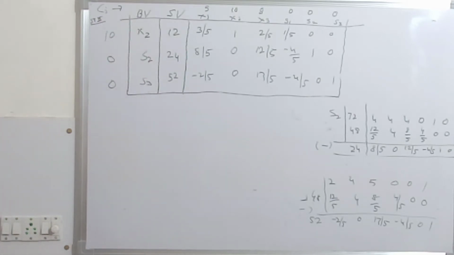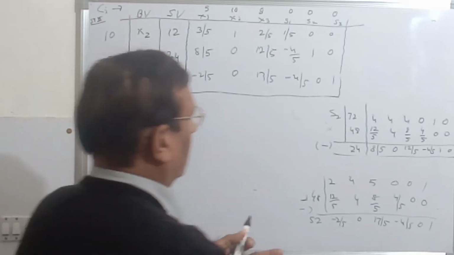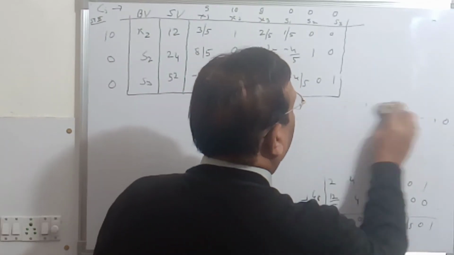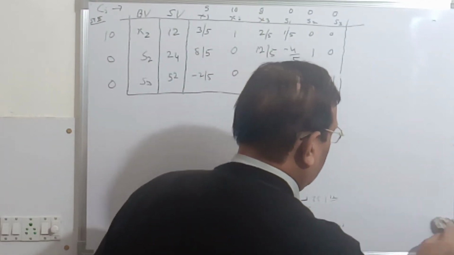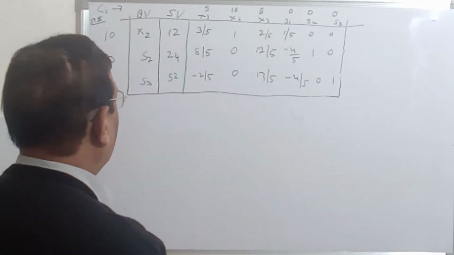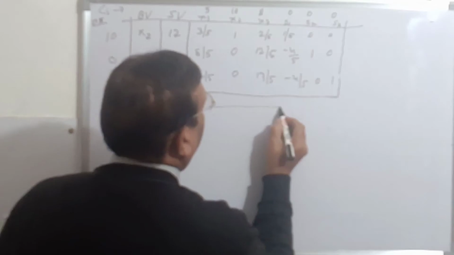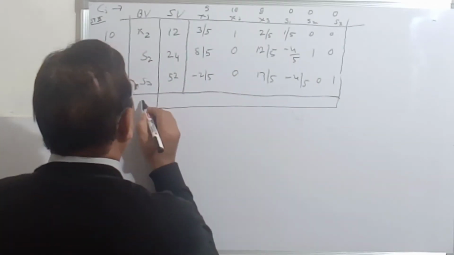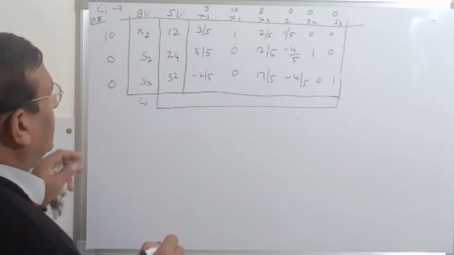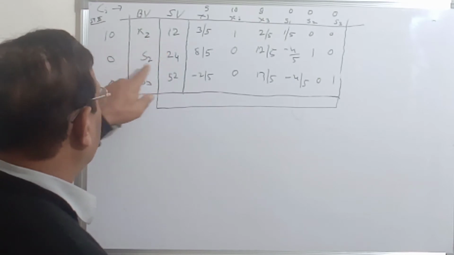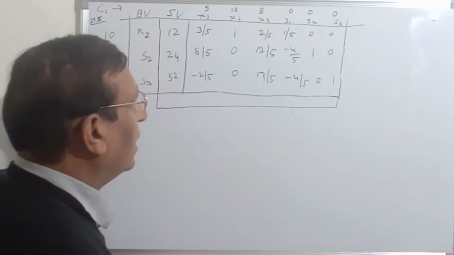Now again, same procedure. First of all, we are to calculate Zj. Zj means this into this plus this into this plus this into this.